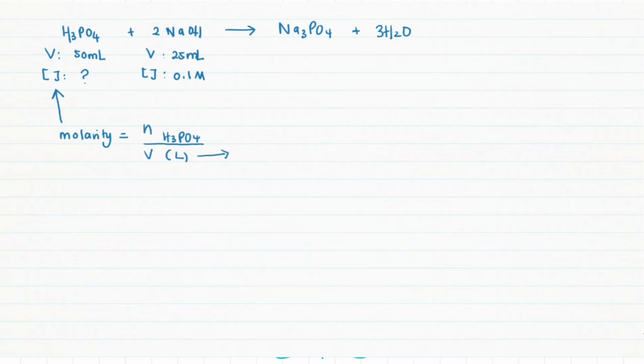Right now the volume is given as 50 ml. Just convert it into liter, so it will become 0.05 liter. So how do we calculate the mole of phosphoric acid?